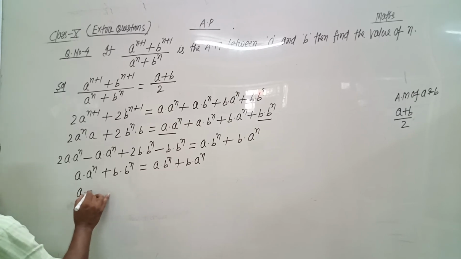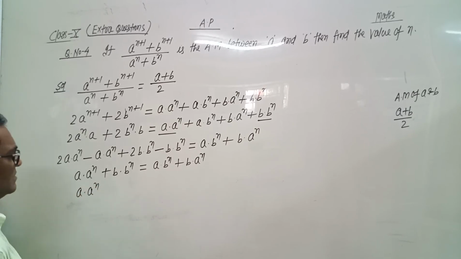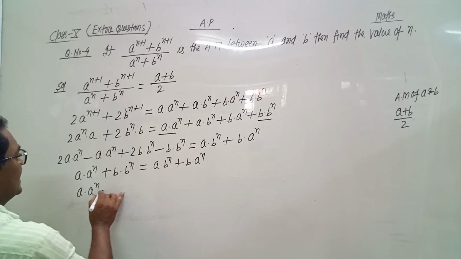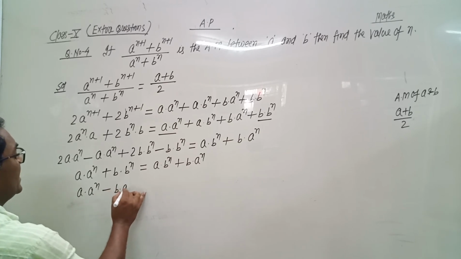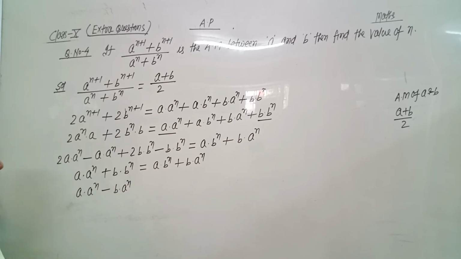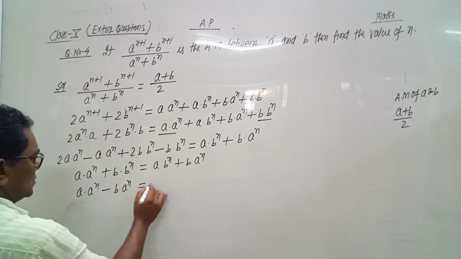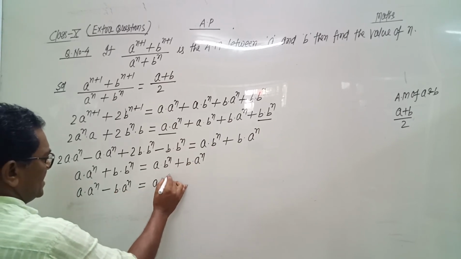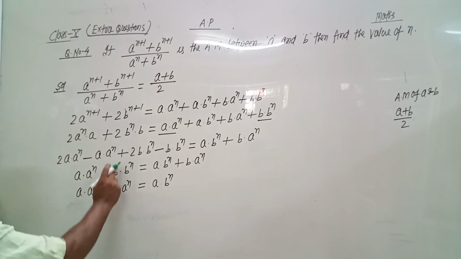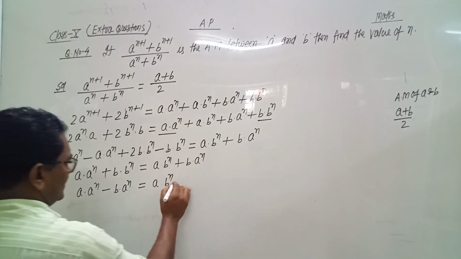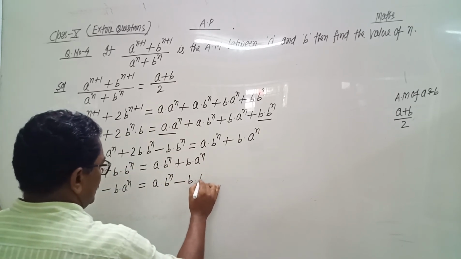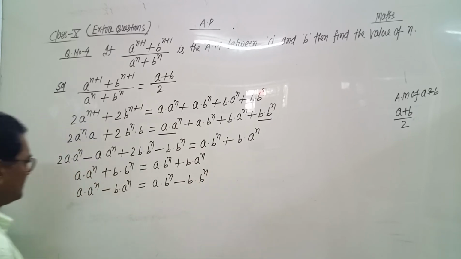A into a raised to the power n and minus b into a raised to the power n. This term will go on the left side: a into b raised to the power n, and this term will go on the right side, so minus b into b raised to the power n.